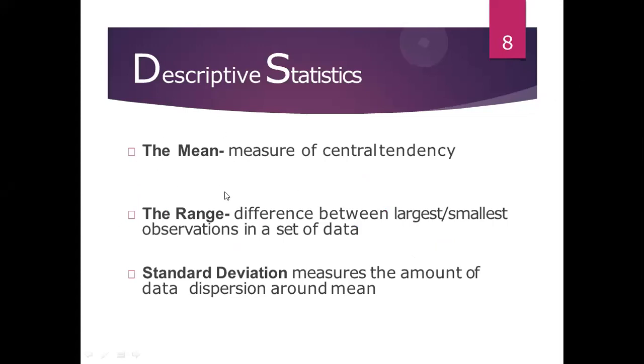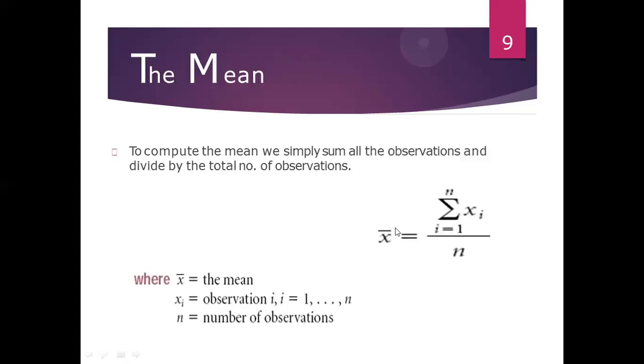Skewness, right. So mean measures the central tendency. Then range is the difference between the highest and the lowest. Standard deviation measures the amount of spread or data dispersion. Okay, the spread is measured by standard deviation. So that is descriptive statistics.